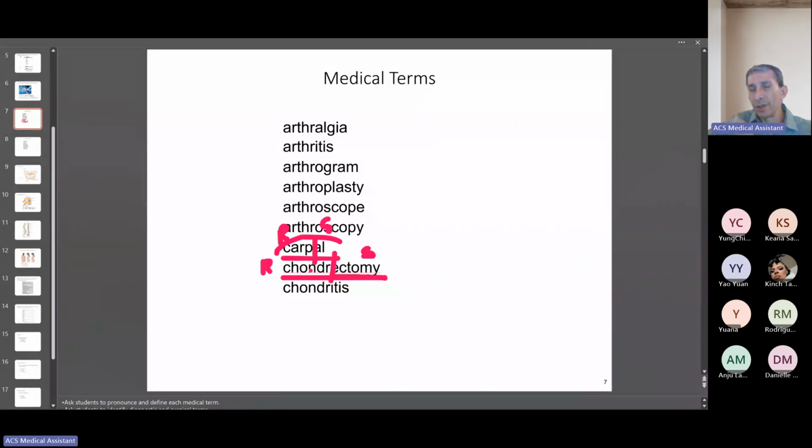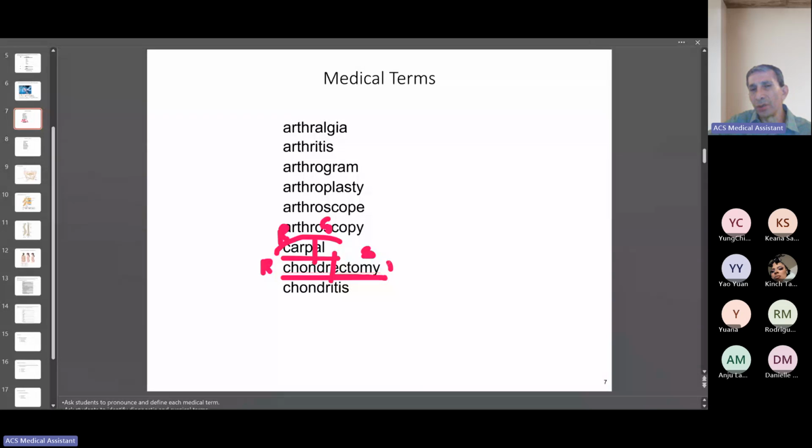Remember, this is the structure between the bones or on top of the bones, because it's going to connect with another bone. And this is going to protect the bones, so we don't expose bone against bone. We have something in between, like a cushion, to prevent friction, damage, and pain.